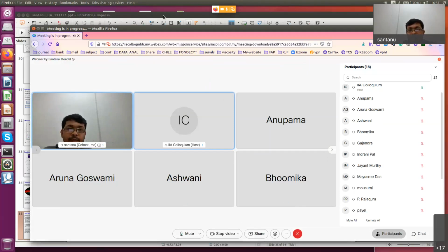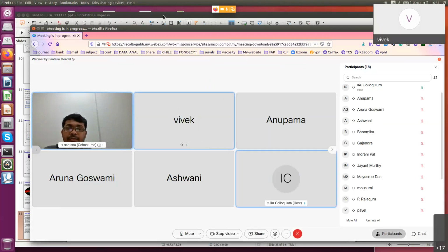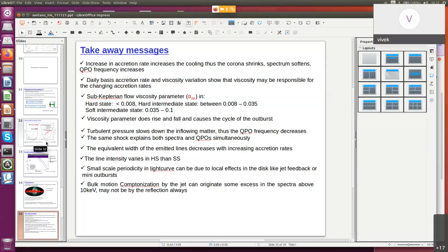Santanu, you probably mentioned this outburst in the spectral states, but I probably did not understand it completely, because at least in the case of XRBs, when it goes from the hard to the soft state, there is this jet line where jets are produced, right? There is a triggering of this jet formation.